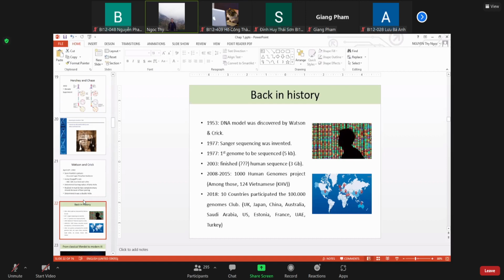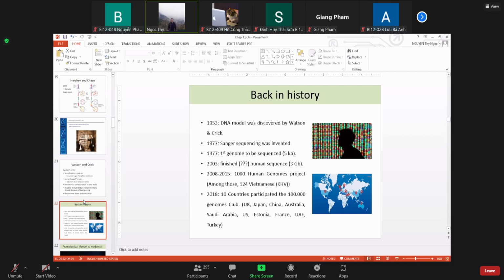And since 2018, 10 countries in the world have reached more than 100,000 citizens with whole genome sequenced. That means the UK, Japan, China, Australia, Saudi Arabia, US, Estonia, France, UAE, and Turkey.